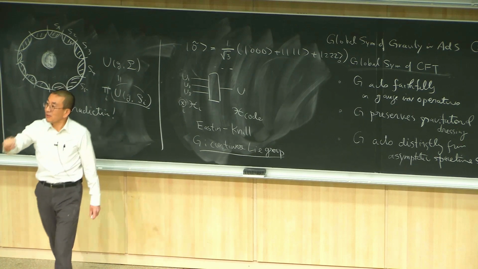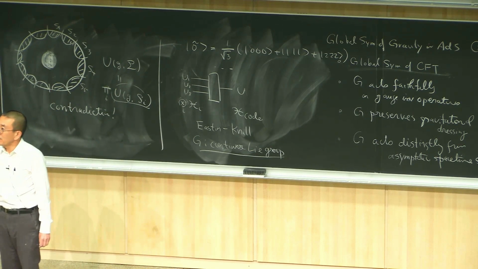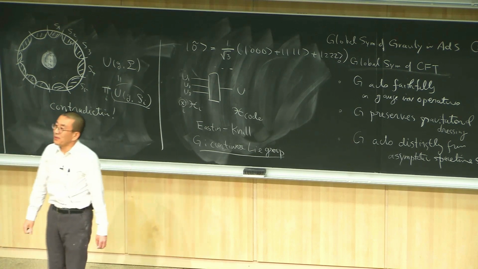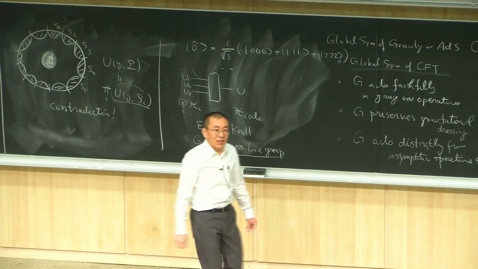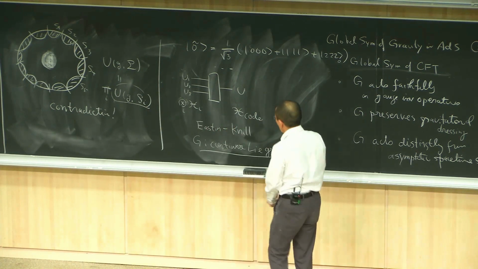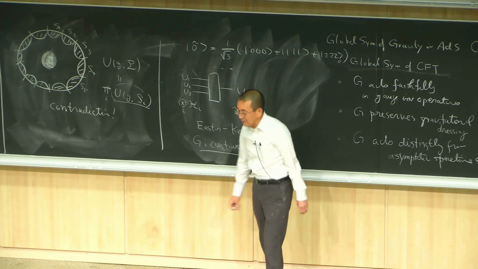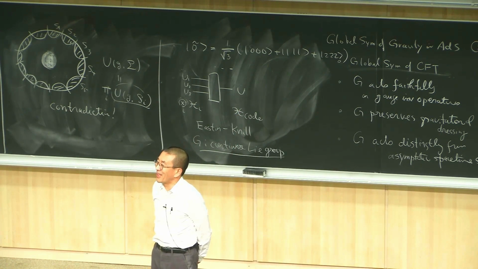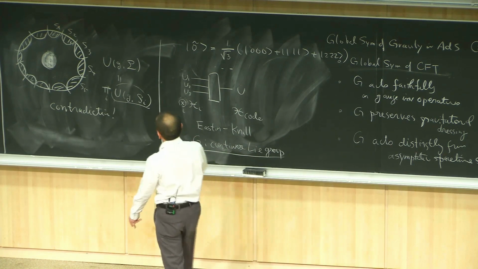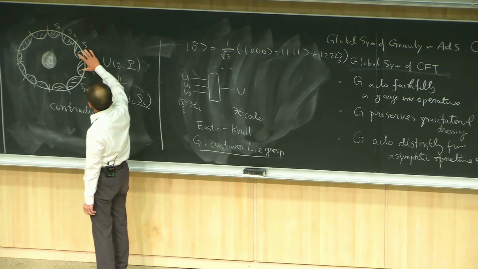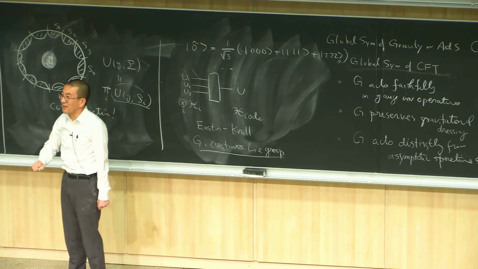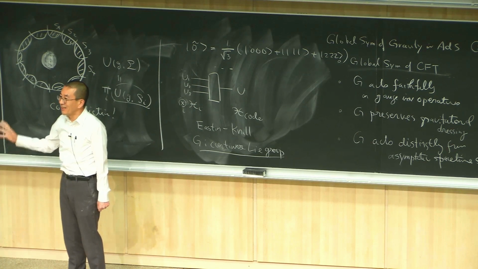Yeah, you have a question. Can you give a precise CFT definition of what you're calling the code subspace here? What is a CFT definition of code subspace? Actually, the code subspace has to refer to the gravitational side in the bulk. So here, for example, I do not have an intrinsic CFT definition of code subspace in this case.